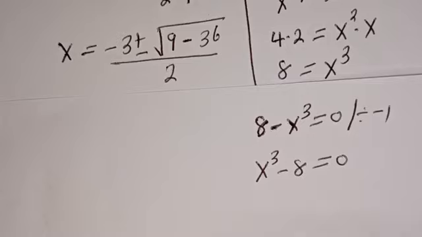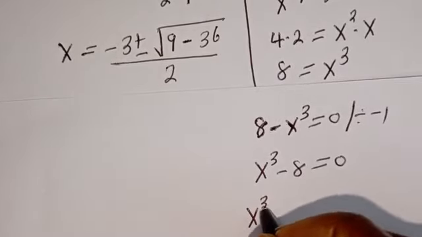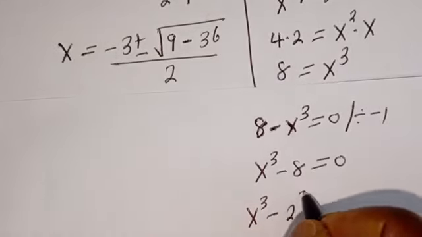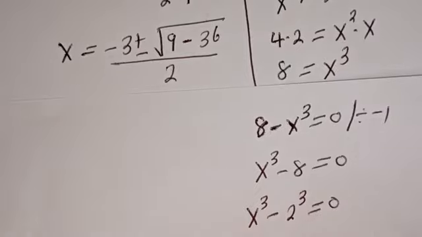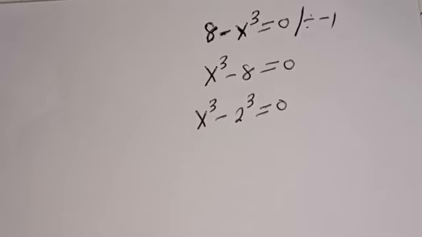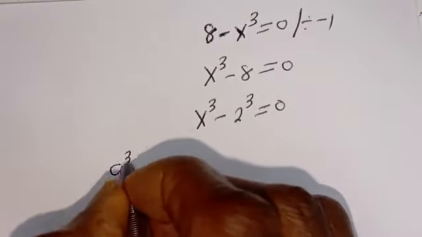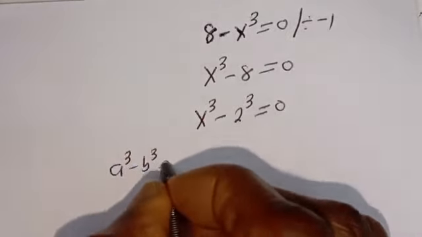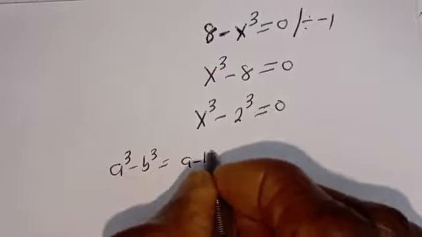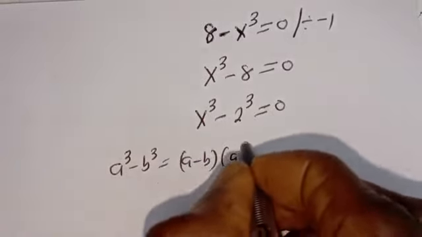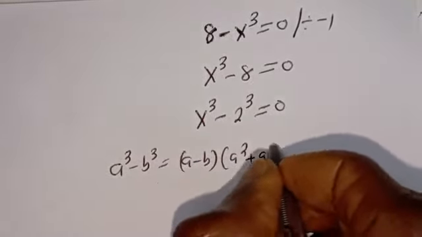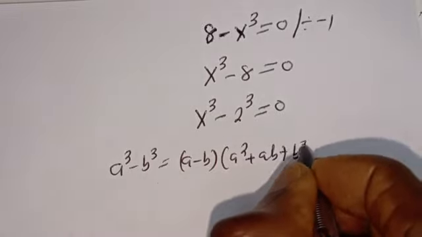So this is s to the power of 3 minus 8, which is 2 to the power of 3, is equal to 0. Let's apply the same exponential rule. If you have a to the power of 3 minus b to the power of 3, this is equal to a minus b bracket a square plus ab plus b square.